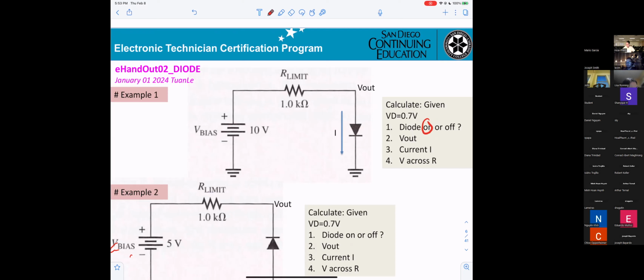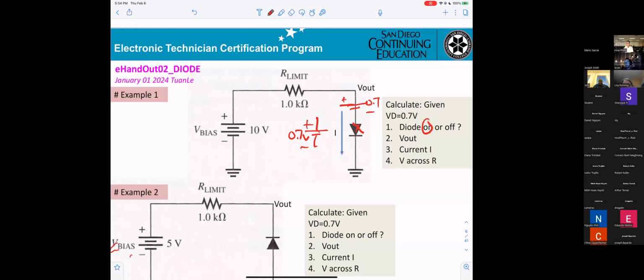Second thing, when the diode is on, you cannot do anything in the circuit without substituting the diode by a battery. Plus minus will be 0.7 volt. That means you get a battery plus minus 0.7.